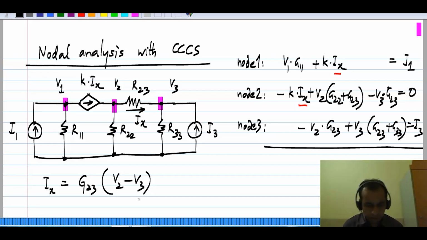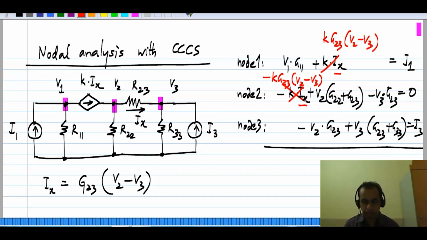In both of these, I will replace this with minus K G23 (V2 minus V3), and here also I'll have plus K G23 (V2 minus V3). I have three equations in three unknowns, the unknown node voltages, and I can solve these to get the node voltages, and after that everything else in the circuit.